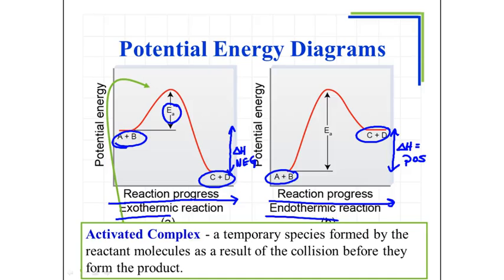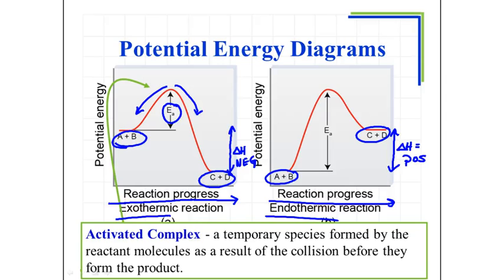Once that activated complex is formed, those atoms can either recombine and go over here and reform reactants, or recombine and go over here and form products. And the truth of the matter is, both of them are going to occur, but if the reaction is going to proceed to products, we're going to form C and D.